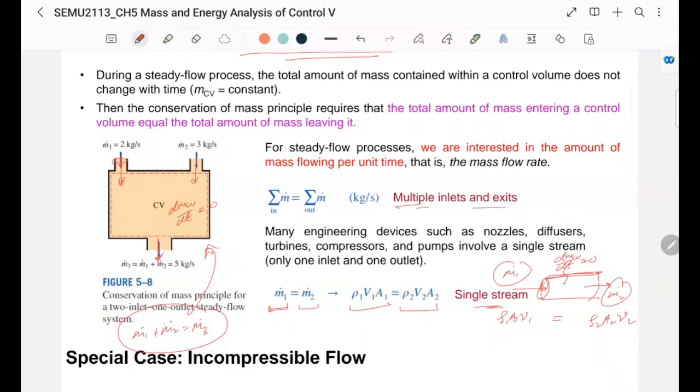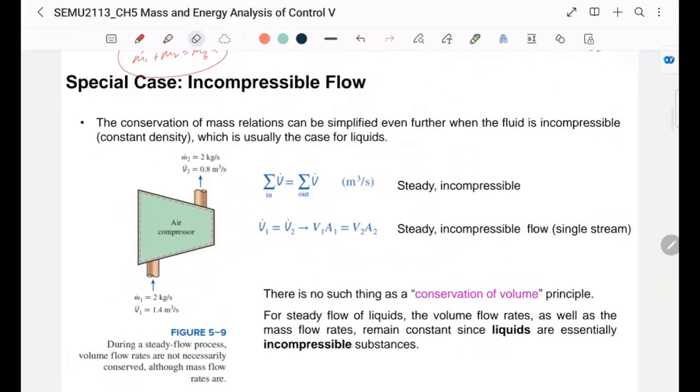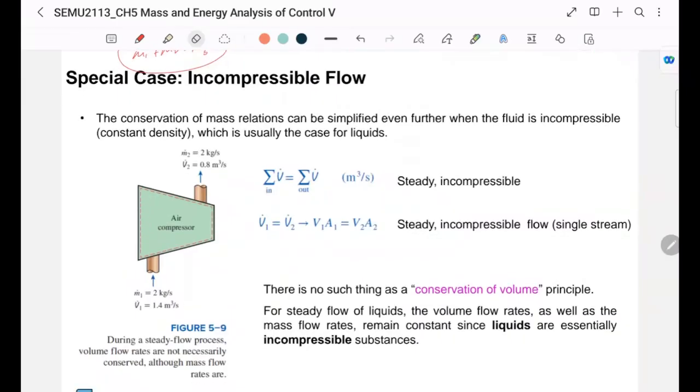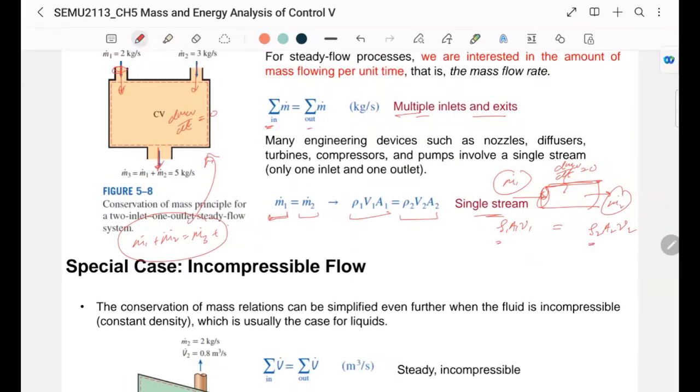For multiple inlets and exits, it's the sum of all the inlets equal to the sum of all the outlets. If there's another fourth one here going out, then you must add the m4. The only exception, in fact not an exception, just a special case: this equation basically means that density can change.